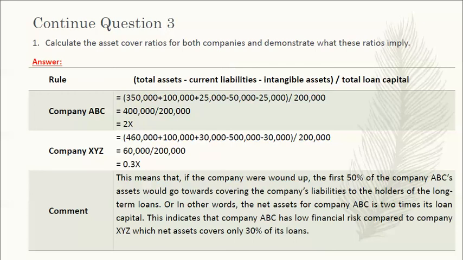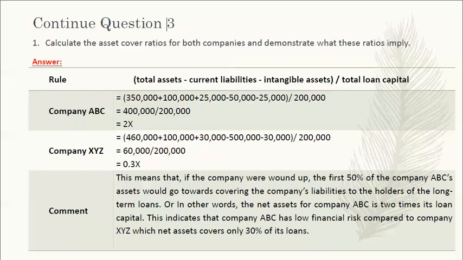Is this clear? Why will company ABC have lower financial risk than company XYZ? As company ABC will have the ability to cover 50% of the company assets, while company XYZ will cover the net assets only by 30%.